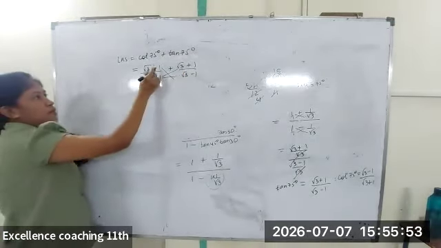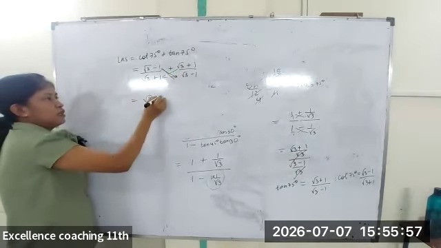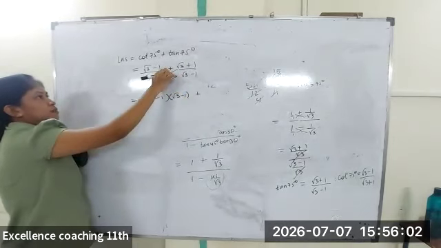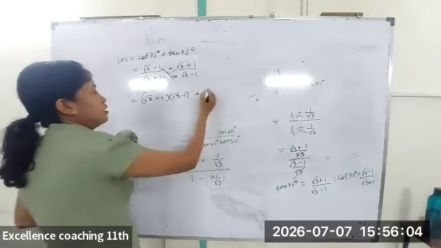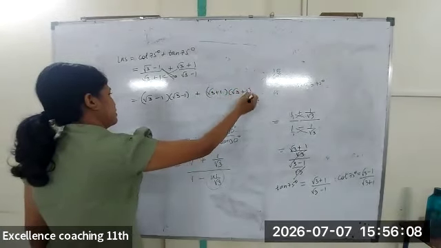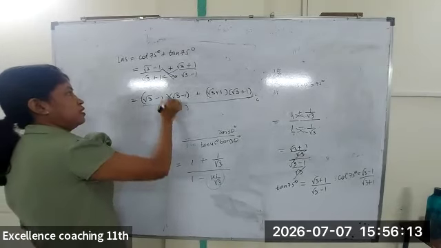So this will get multiplied here. Root 3 minus 1 into root 3 minus 1. Middle sign is plus again. Root 3 plus 1, root 3 plus 1 into.